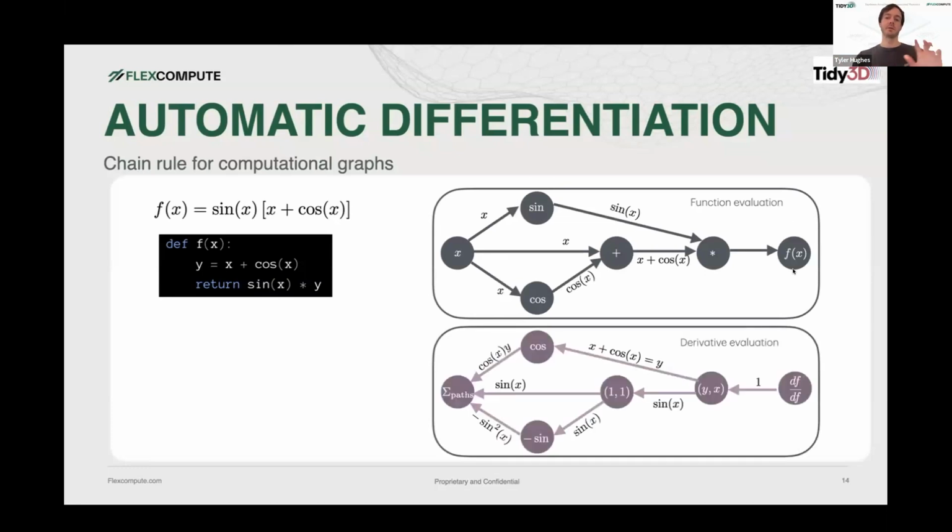So it turns out to compute the derivative of this graph, all you need to do is look at each of the nodes. So for example, sine, and you need to compute the derivative of each node. So I may create a new graph where sine is replaced by cosine, cosine with minus sine, etc. And this is kind of the reverse derivative graph of this function here. And to compute derivatives, you simply start with a 1 on the output, because that's the derivative of the output with respect to itself.